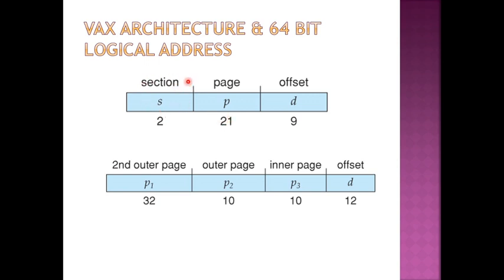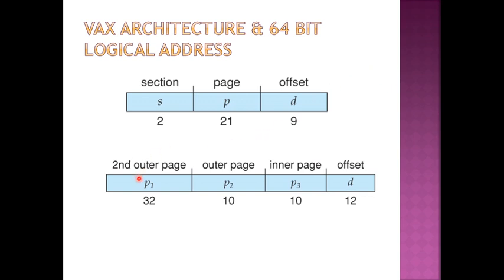By adding the section, it is very clear which exactly memory you are going to refer to, because since we have 4 different sections, the same page number and same offset may exist in every section, but because of the change in the section number, we provide different levels of hierarchy here. So this is a variation of the 2-level architecture.